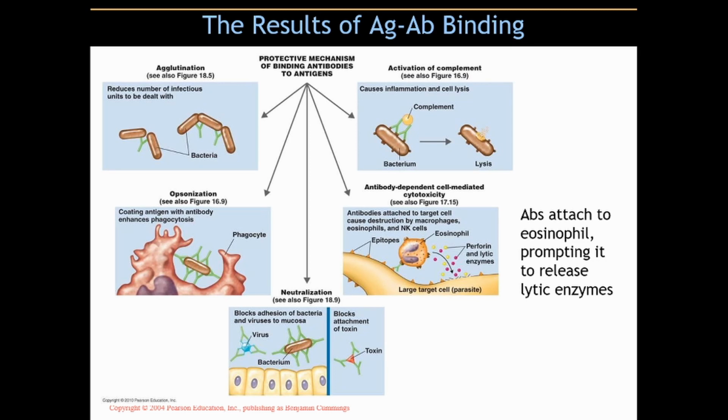And it also can block the attachment of toxins so that the toxin cannot enter a cell and cause the damage, whatever it happens to do within the cell. Like you block the tetanus toxin from getting into muscle cells, and then they can't cause the signs and symptoms of tetanus, the uncontrollable contractions.